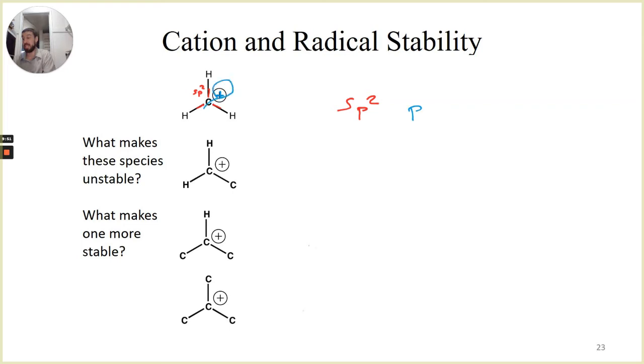That p orbital is above and below the plane, and because we're showing these as sp2 trigonal planar, the plane of the paper or the screen, that p orbital is coming at you and away from you. Right? So another way that we could consider this is if we turned it on its side, where we have a hydrogen now coming at you and a hydrogen going away, that p orbital we could draw now in the plane of the paper this way.